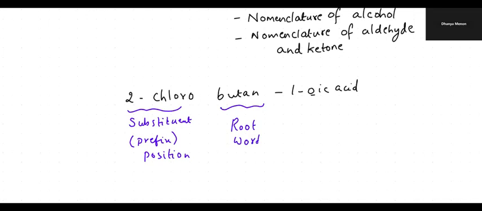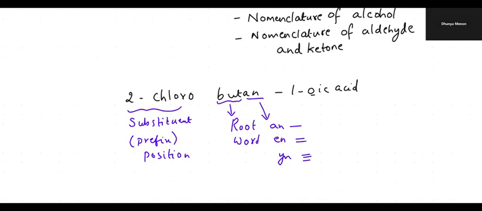But is the root word. And ane tells us whether there is a single bond. If it is ene, it will tell you that there is a double bond. Ine will tell you there is a triple bond. So in this case we have used ane, so it's a single bond.